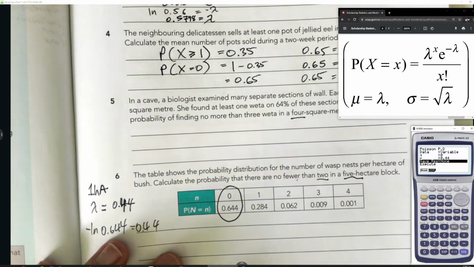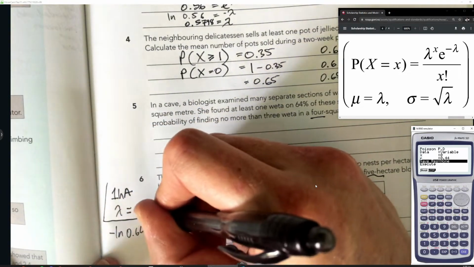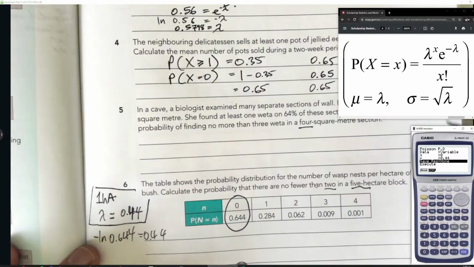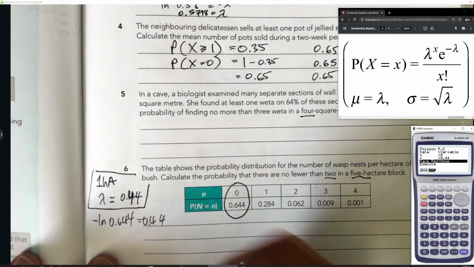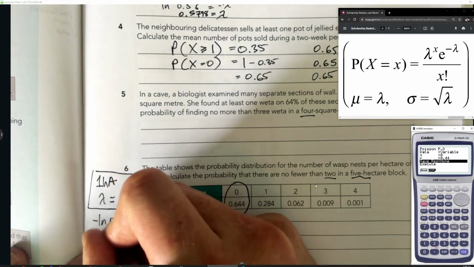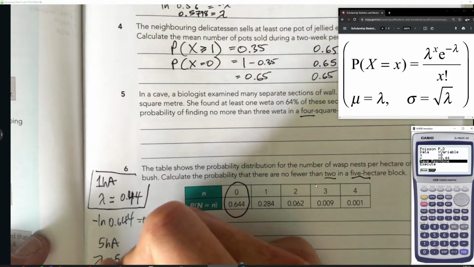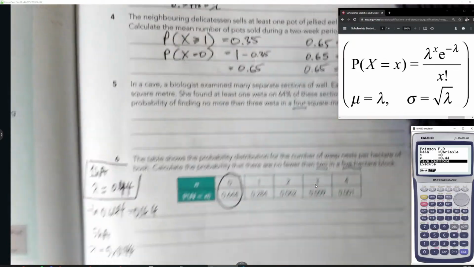Okay, now it's proportional. So this is our 1 hectare. When you're dealing with 1 hectare, lambda is 0.44. They want to know 5 hectare, so our lambda value is just going to be 5 times 0.44 because it's proportional.